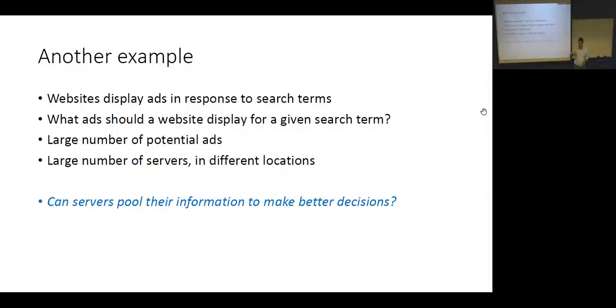Google or Microsoft or whoever gathers all the information on click-through rates on ads in one place and makes decisions based on that. But one could imagine that maybe this is not the best way to do things, and given that you have a huge number of terms, a huge number of ads, but also lots of servers in different places, maybe we can do this in a decentralized way by sharing information.